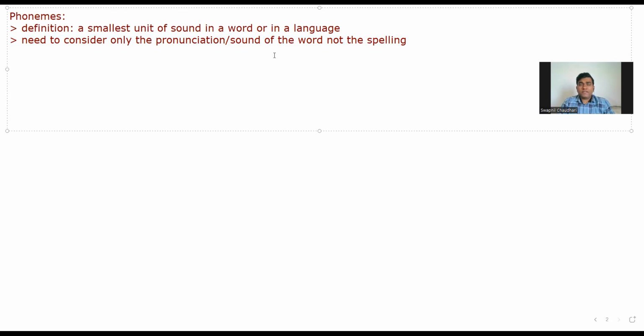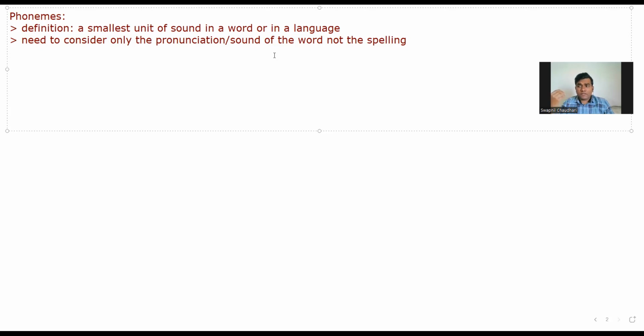Some examples: in India, there are people who pronounce some words differently. For example, the word design, right? Especially people coming from, let's say, the northern side of India, pronounce it differently.